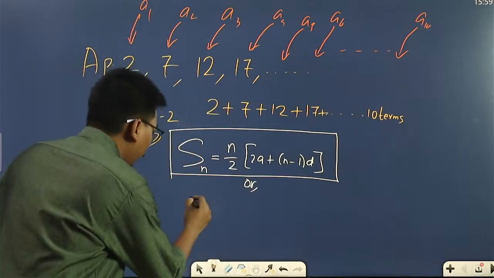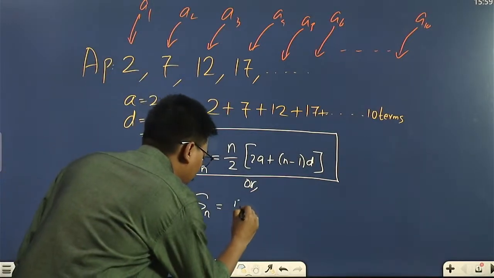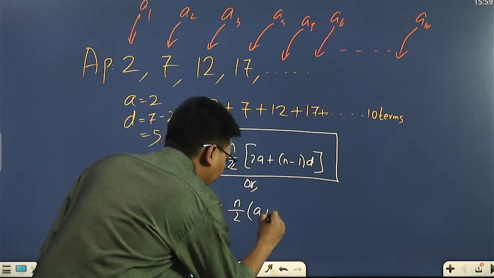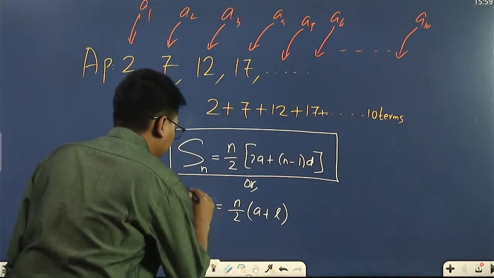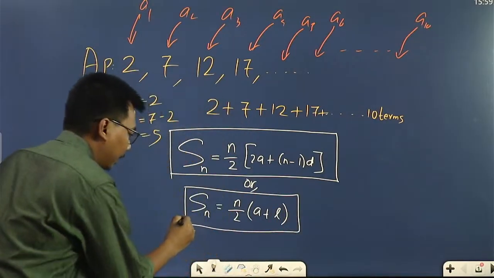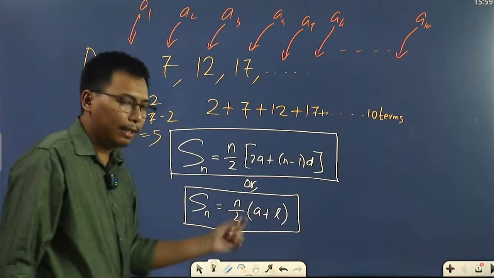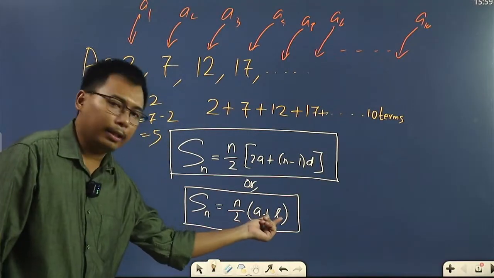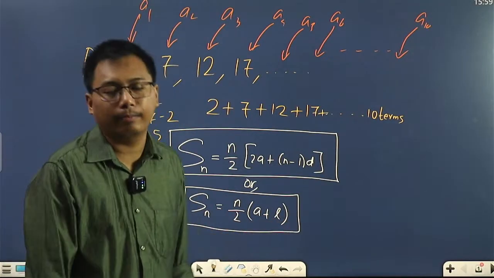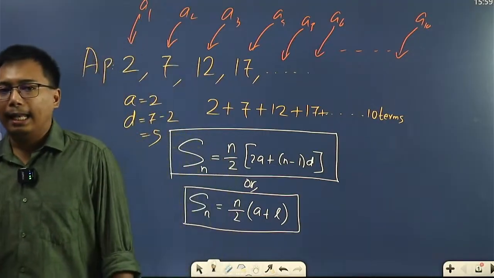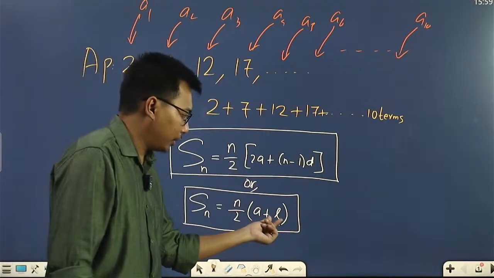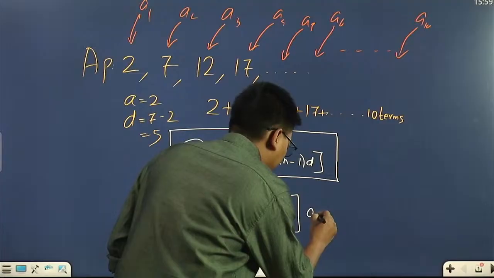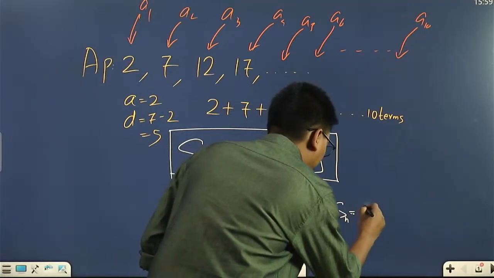Or we can use this one: Sn is equal to n by 2 times (a plus l). We know that a is the first term. What is l here? l is the last term.